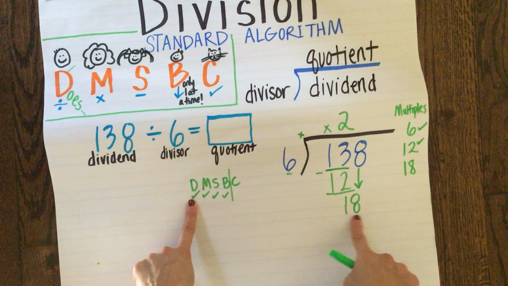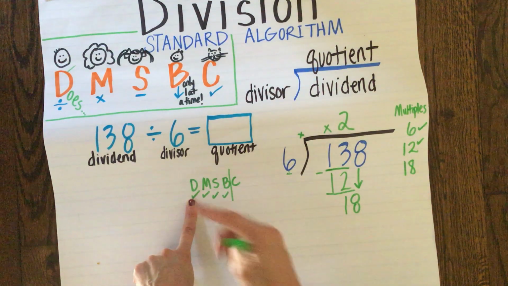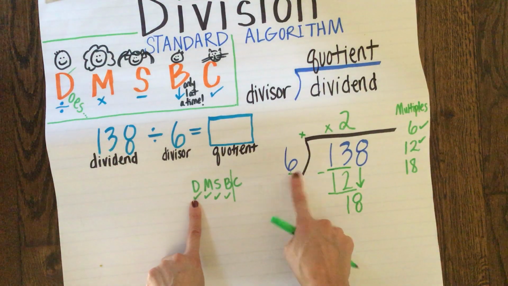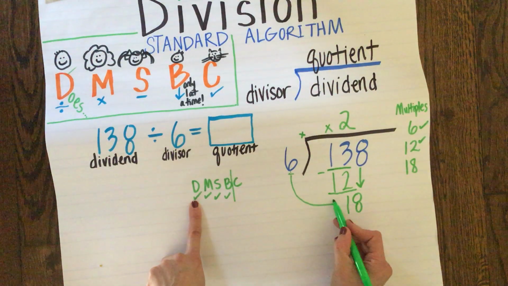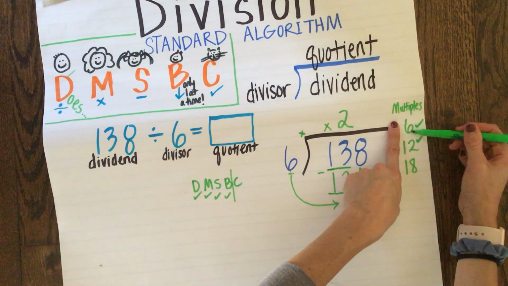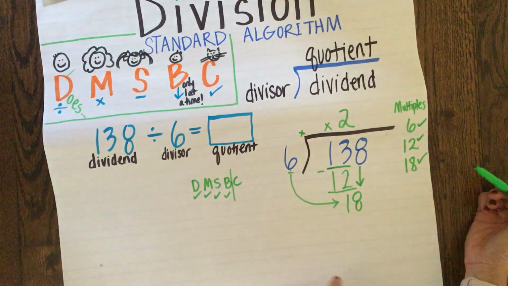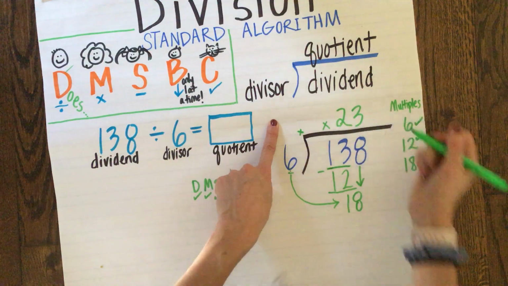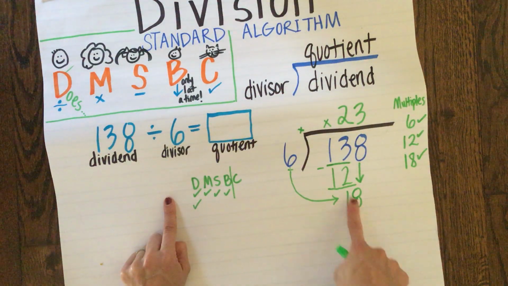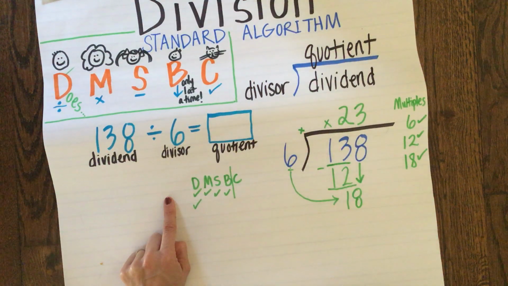Really, I'm dividing 18 by 6, or like I said, sometimes I like to think about it as does. Does 6 fit into 18? I already started writing my multiples. 6, 12, and 18. It does. It fits in 3 times.